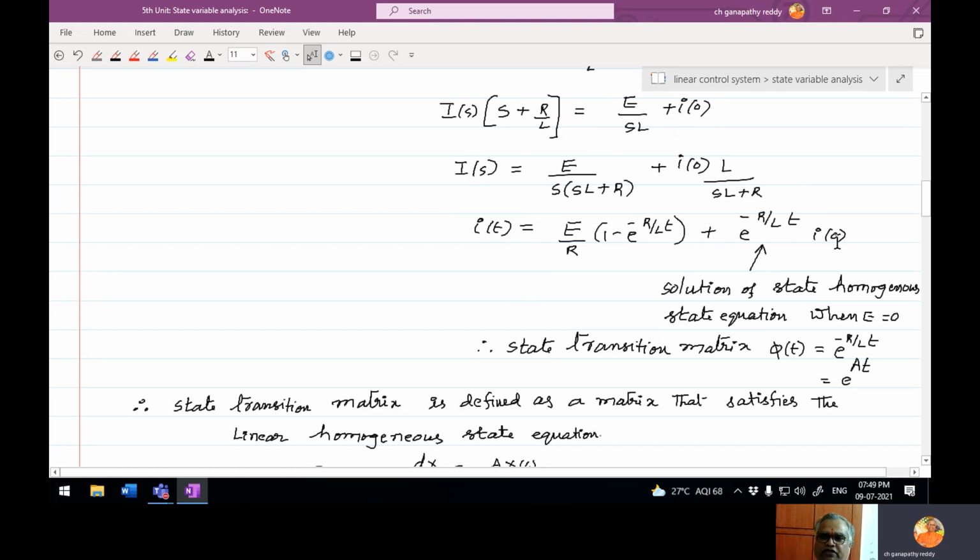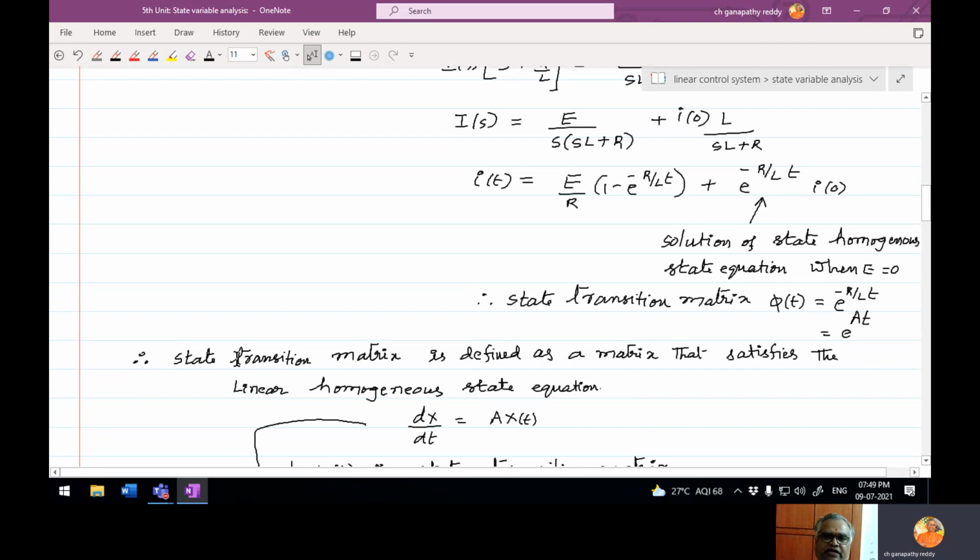If that is multiplied with I of 0, you will get the response. State transition matrix is the solution of the homogeneous state equation. That is indicated with phi of t is equal to e power minus R by L t. This minus R by L is some constant a. So e power a t.